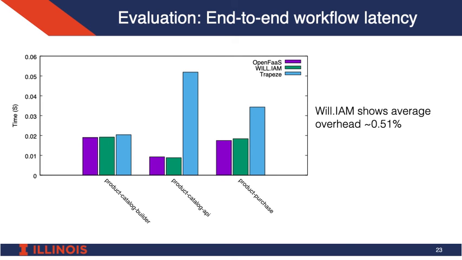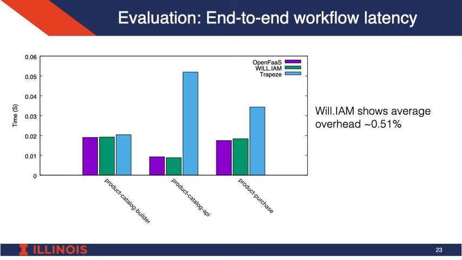As Will.IAM mediates activity at the workflow level, we now compare performance of Will.IAM to vanilla OpenFaaS and Trapeze using three end-to-end Hello Retail workflows. Will.IAM shows an average 0.51% execution overhead. This overhead is due to the searches required to determine if the request has the required permissions.